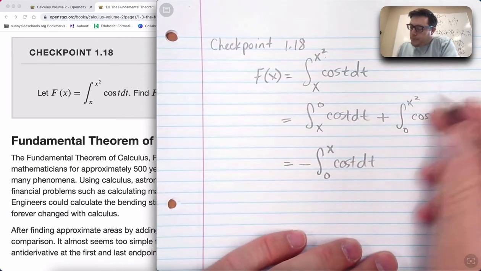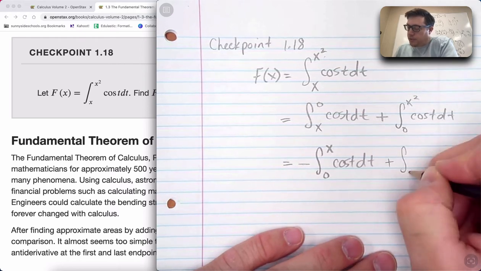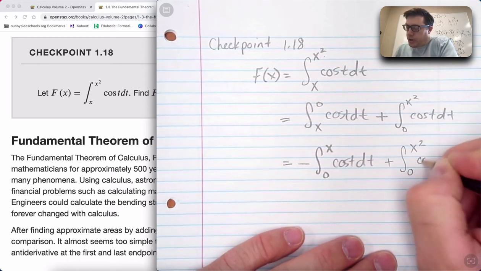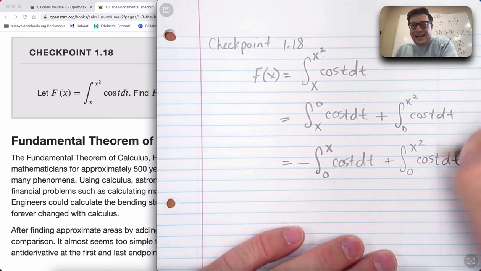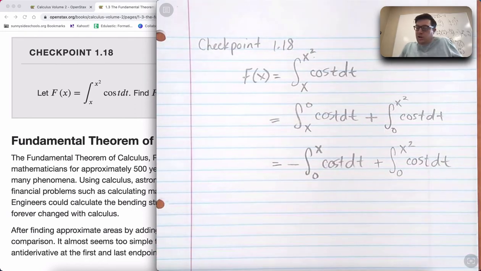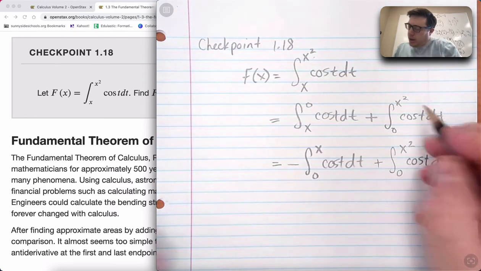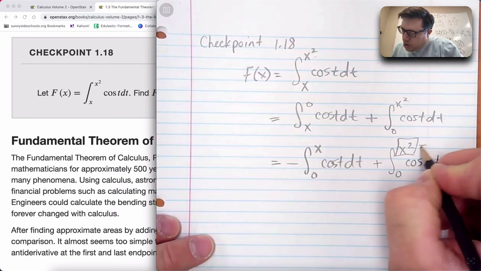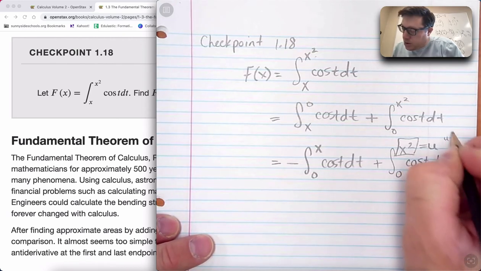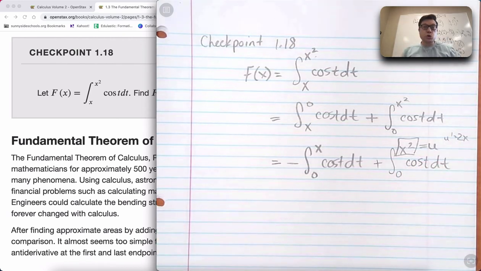Now over here, we would have the integral from 0 to x squared. Nothing changes for this second integral because it's a constant term as the opening limit of integration, and then it's the variable term as the second one. Note, caution, let's call that u, which means we also need to know u prime, 2x.